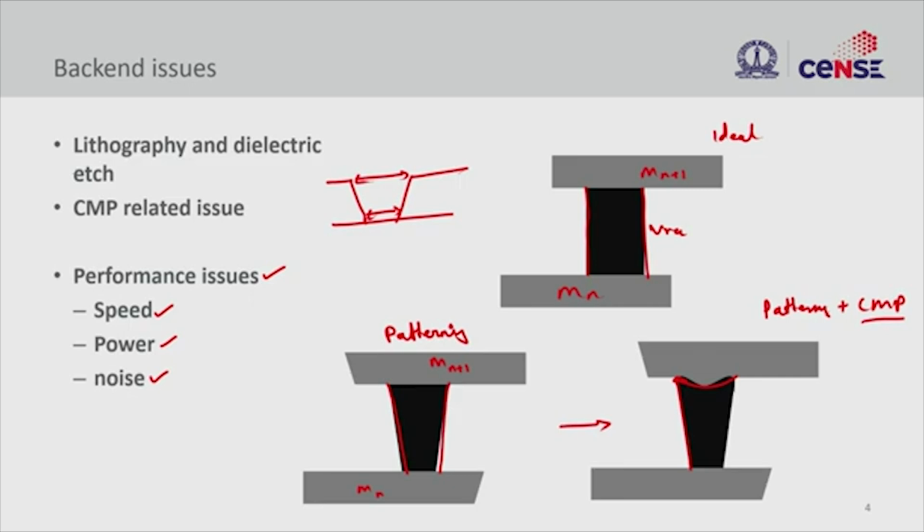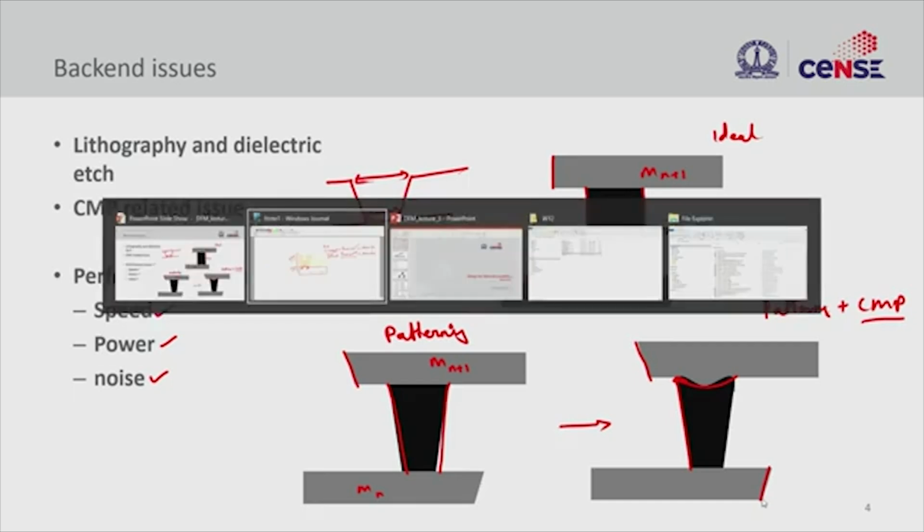The other minute thing I want you to notice is this slanted sidewall while you are looking at a very sharp end, and this again affects your metal line resistivity.